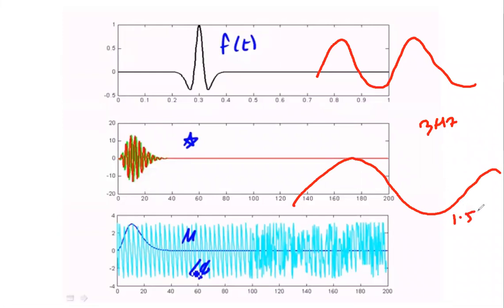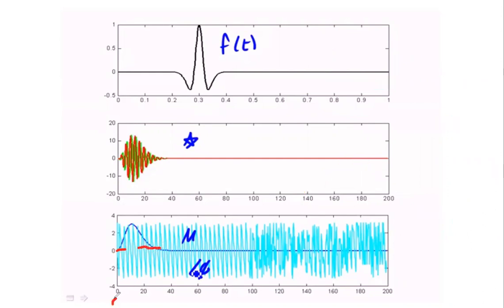Then this is 1.5. So if the band was 0 to 30 previously, now for a flattened signal like this, it should be from 0 to 15. So you are expecting close to 0 to 15 hertz.